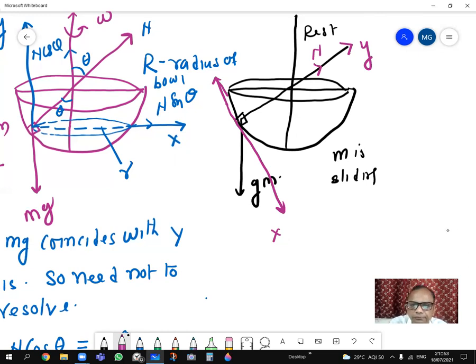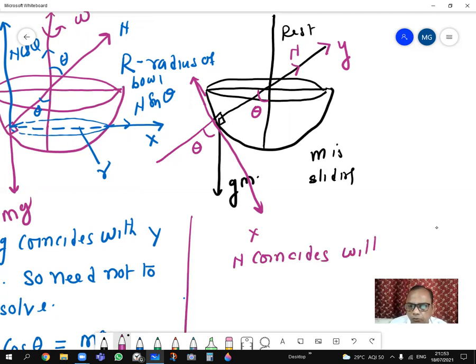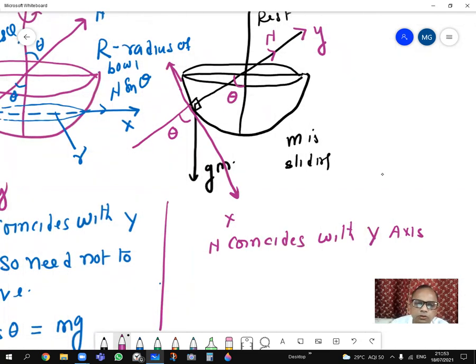So here, and this is again theta as we assumed previously. So this will also be theta. So here N coincides with y-axis. So we will not resolve N. And mg is not coinciding, so we will resolve mg. This is your mg cos theta. This is your mg sin theta.